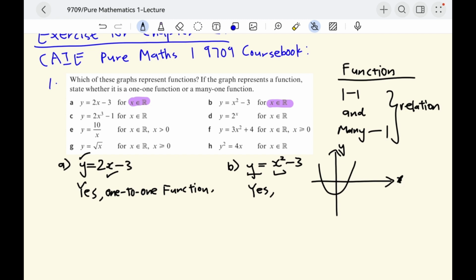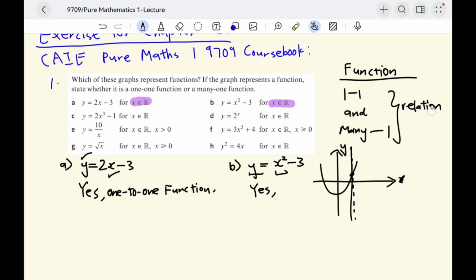How do we test whether it has a one-to-one or many-to-one relation? We can use the vertical line test. You draw a vertical line in any position, and you will see that this vertical line intersects the graph at only one point. What does this indicate? It indicates that it is a function.